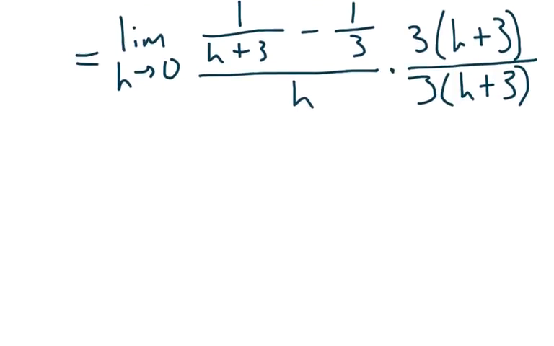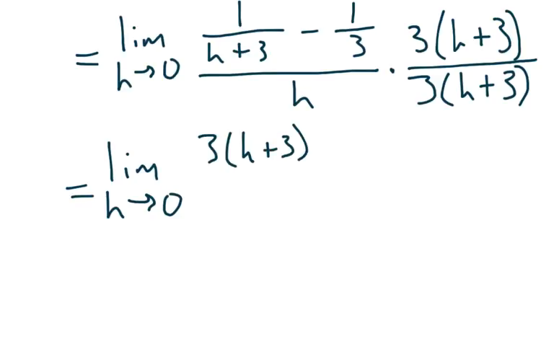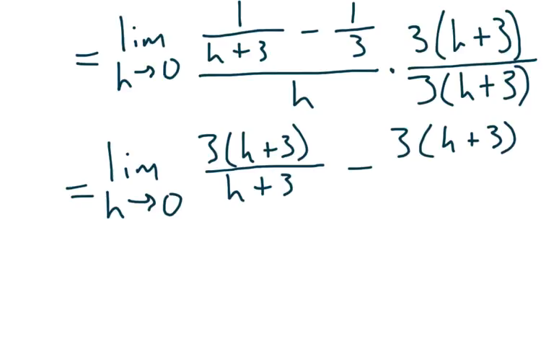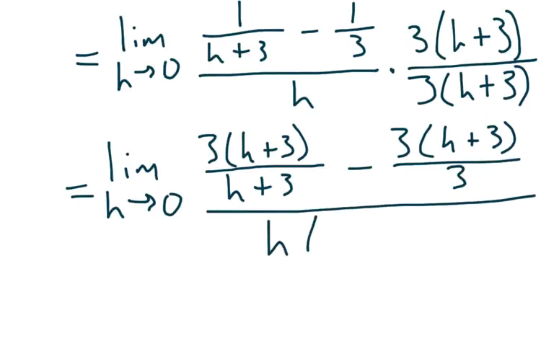Now, let's distribute. We have the limit as h approaches 0 of 3 times h plus 3 divided by h plus 3 minus 3 times h plus 3 over 3 all over h times 3 times h plus 3.